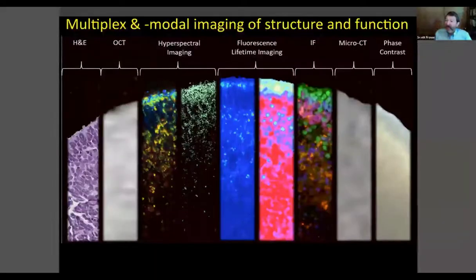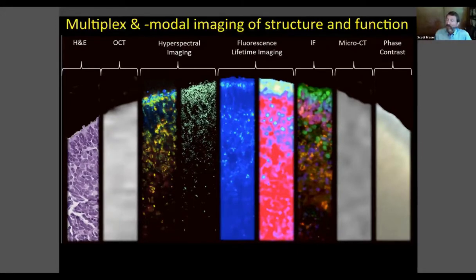Also been extending this to looking at organoids and really trying to see how far we can push these different modalities. And this is a picture from a paper that Mimo generated now a couple of years ago, combining together everything from lifetime imaging to hyperspectral imaging, and then techniques like phase contrast and OCT as well.